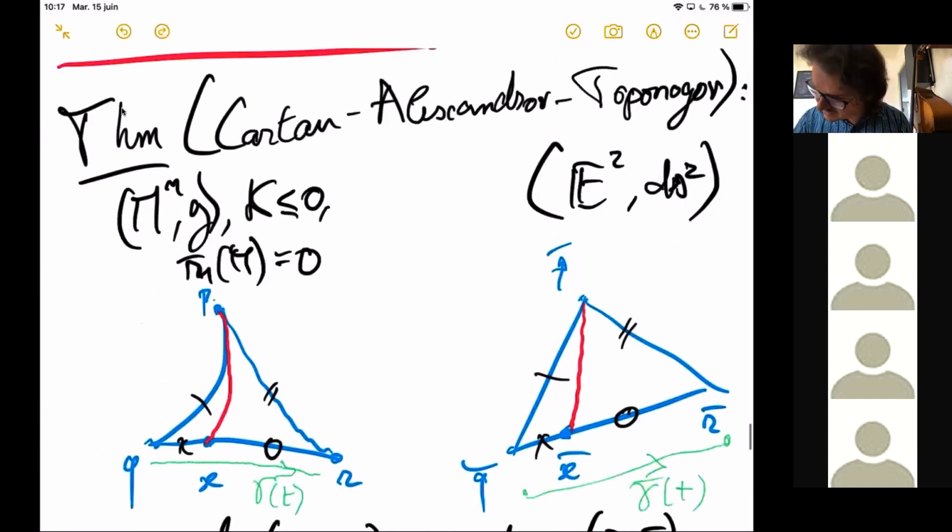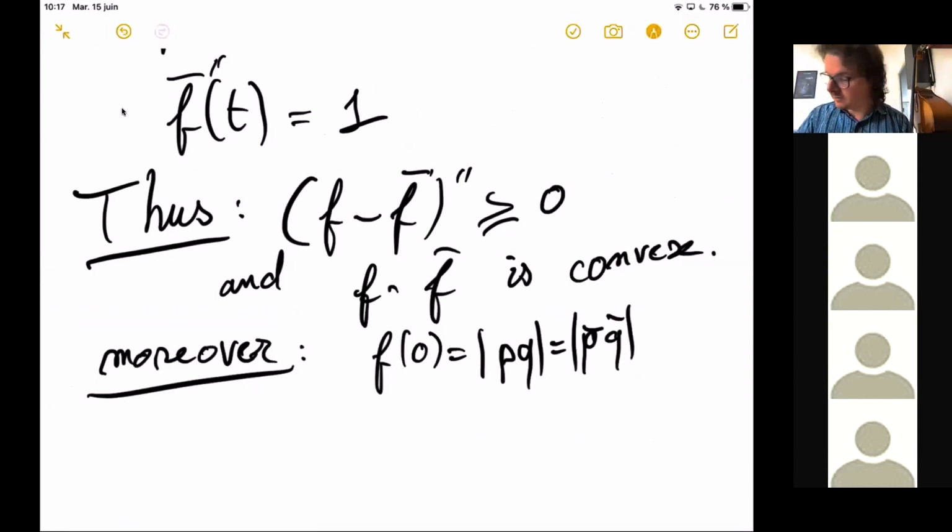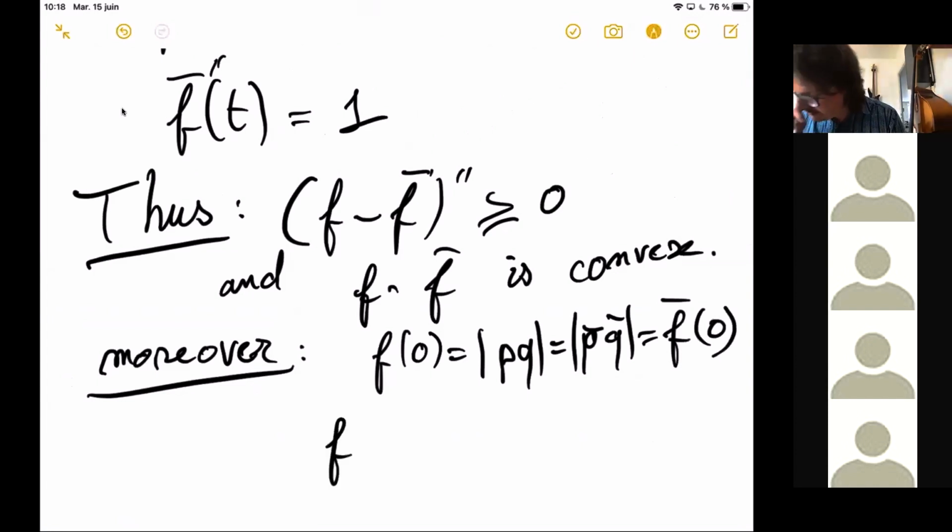So f is the distance here, so it's equal to the distance pq in M, which by definition of a comparison triangle is equal to the distance pq bar, which is f bar of 0. And the same goes at L. F of L is equal to f bar of L.